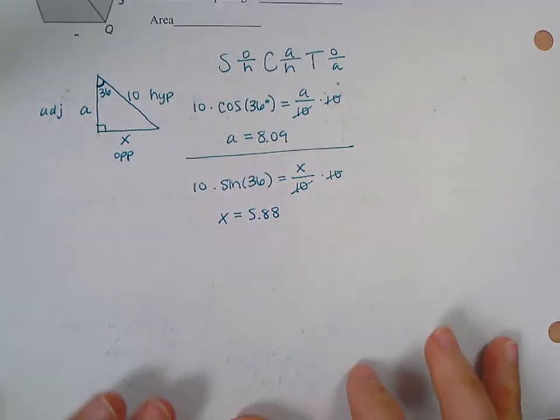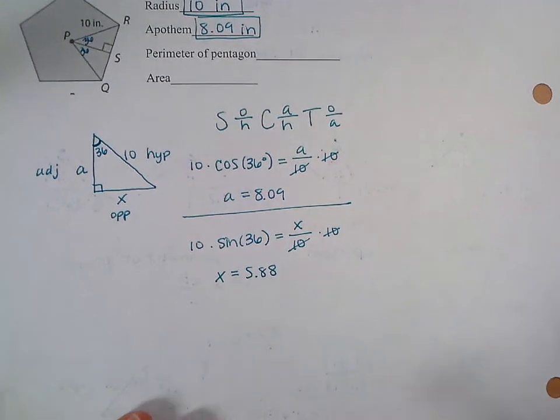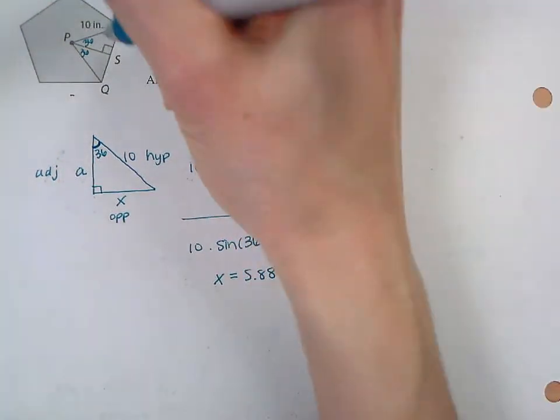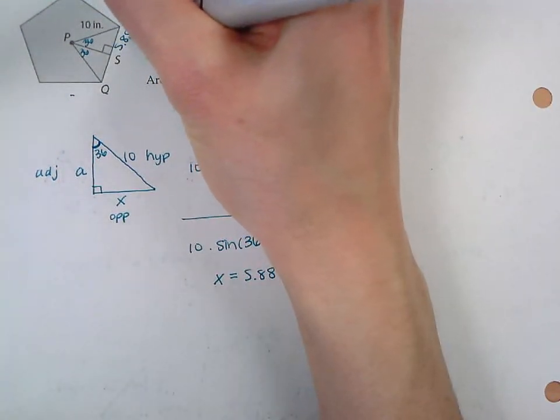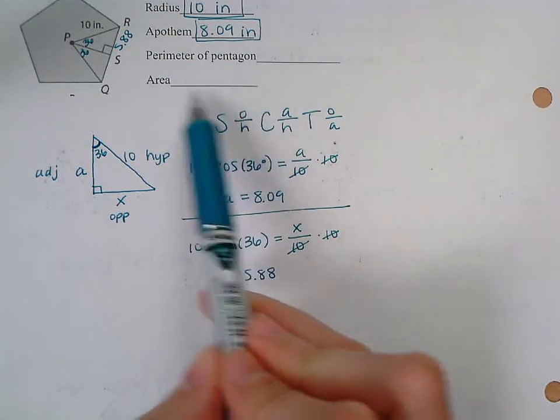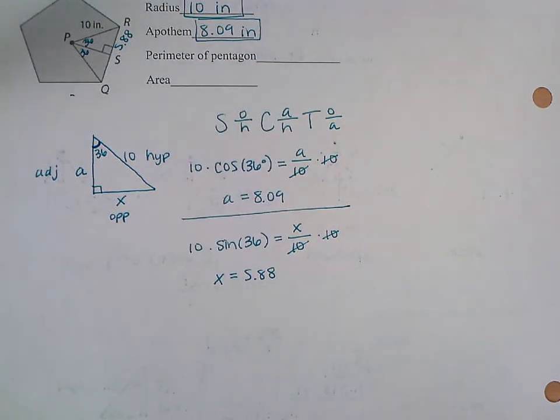And the reason I'm rounding to 2 decimal places for these is so that if I round my final area answer, if I wanted to round that to 1 decimal place, it's a little more accurate since I rounded the middle answers to 2. It's still going to be more of an approximation because I'm rounding in the middle, but that's why I'm doing some rounding to 2 decimal places, some rounding to 1.